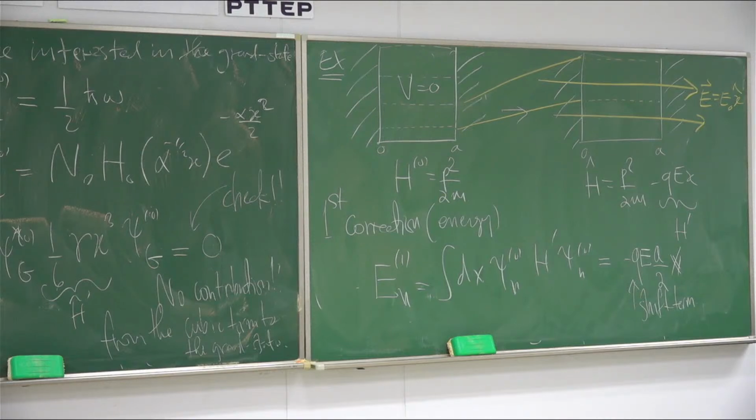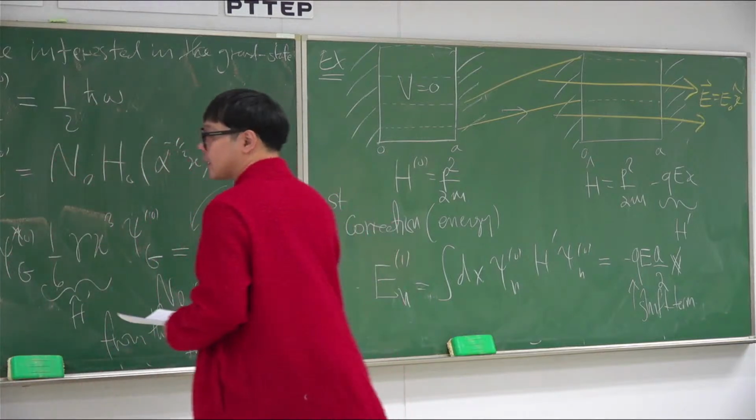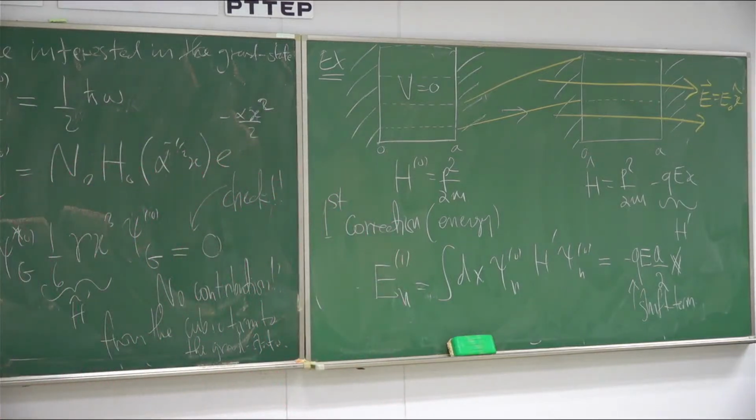Okay, so I think we have enough for the non-degenerate case. Next, we're going to consider the degenerate case, which is a bit tricky, but not too difficult. You know the difference between degenerate and non-degenerate, right? Tim, can you tell me the definition of degenerate and non-degenerate?